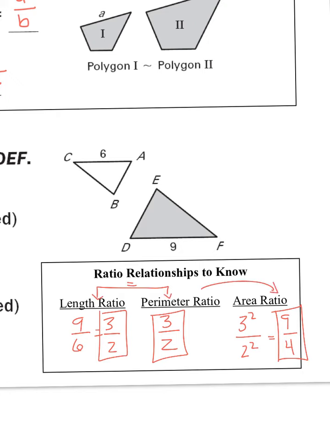To get over here, we are going to square your ratio. Now what do you think we're going to do if we go backwards? It's going to be square root. So the square root of 9 is 3, square root of 4 is 2. So going towards area, we square it. Going from area is square root.